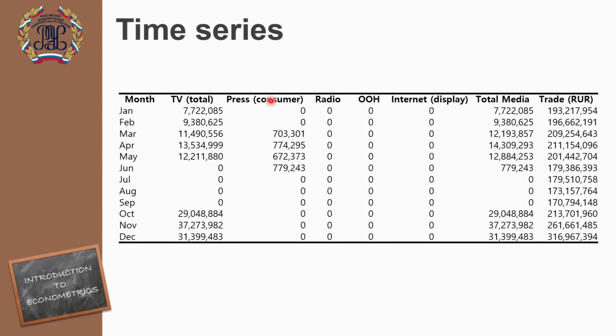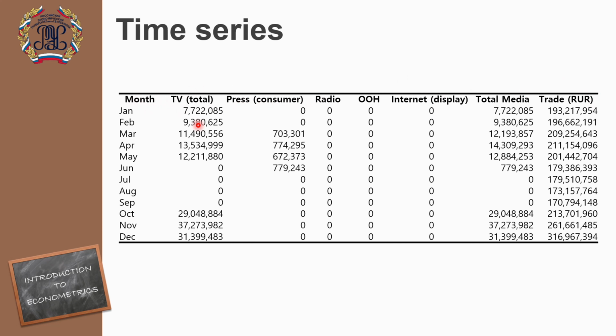If we are talking about time series, we see in this table the data on the company's advertising expenses and its trade. And all these features are measured for different time periods.